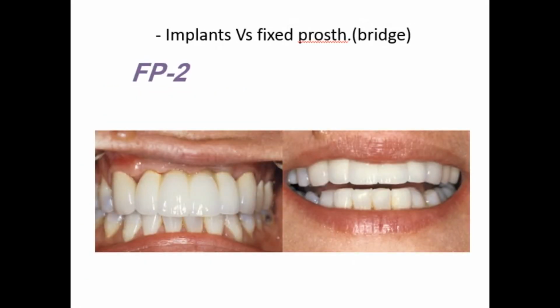Type 2 or FP2 appears to restore the anatomical crown and a portion of the root of the natural tooth. The volume and topography of the available bone is more apical compared with the ideal bone position of a natural root. Prosthesis has longer clinical crowns than healthy natural teeth, as you can see here.